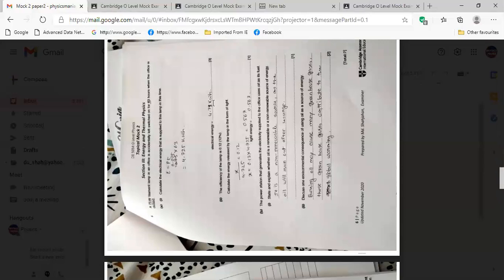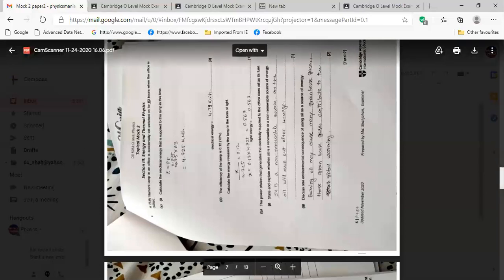So we will multiply by what? You will multiply by 3600, then multiply by 1000. Then it will become 17,010,000, that means 1.7 into 10 to the power 7, right?